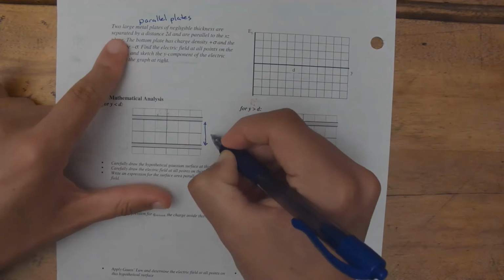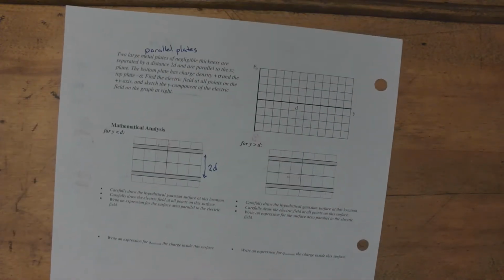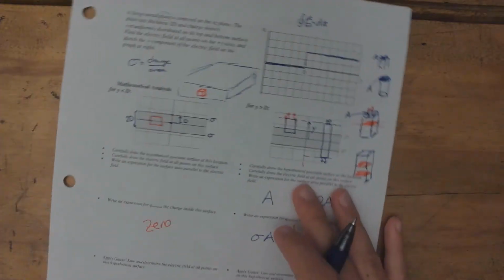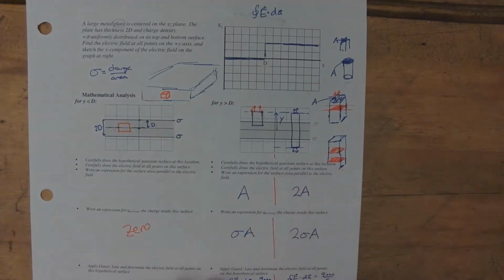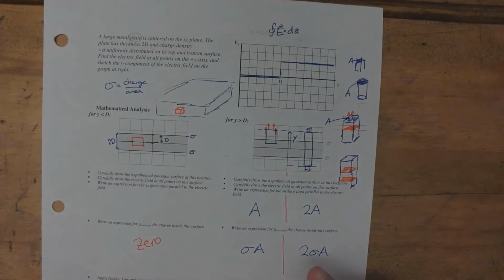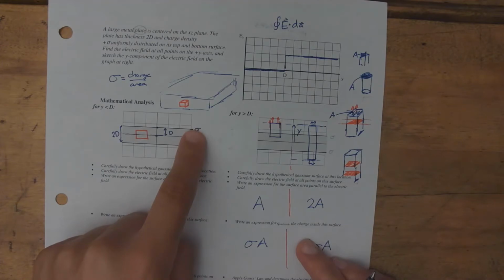They have negligible thickness, which makes this a little different than what we did in the problem over here. And here we had sigma on the top surface and the bottom surface. So for one plate here, this total surface charge density would be 2 sigma, because you have sigma on the top and sigma on the bottom.